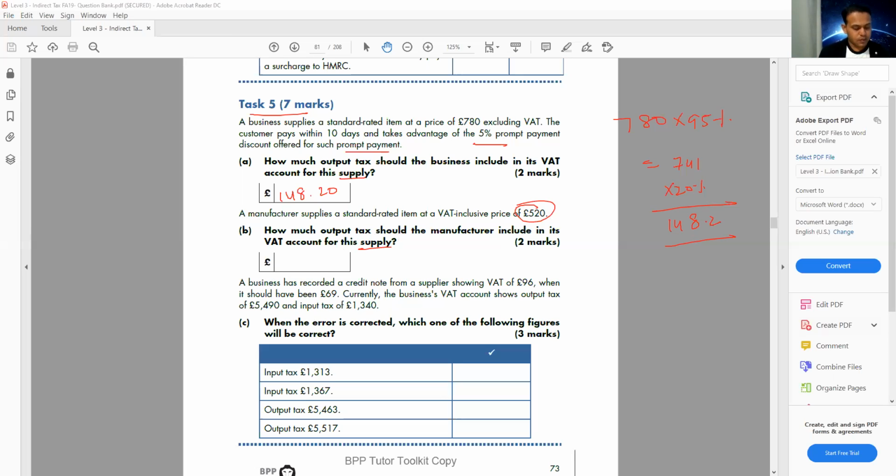If the VAT is inside, what do you do? You divide by 6. If the VAT is inside, you always divide by 6. 520 divided by 6 is 86.67. This is the VAT that will be included in the VAT account for the supply.